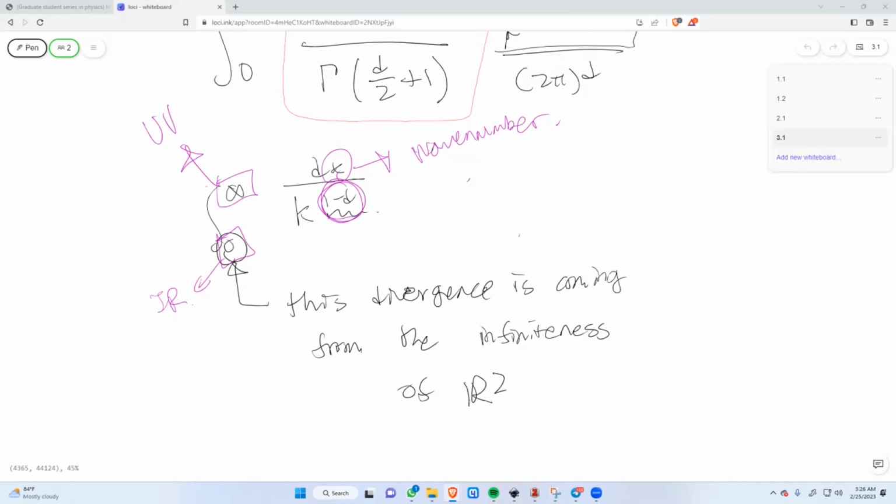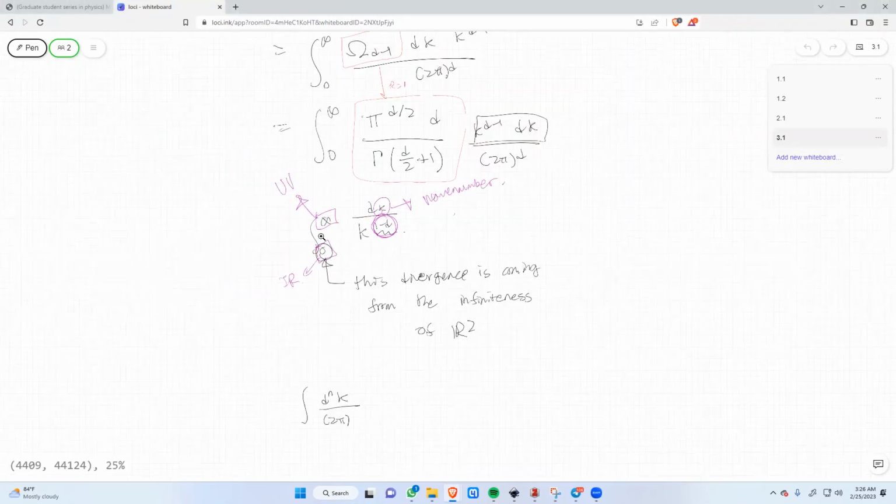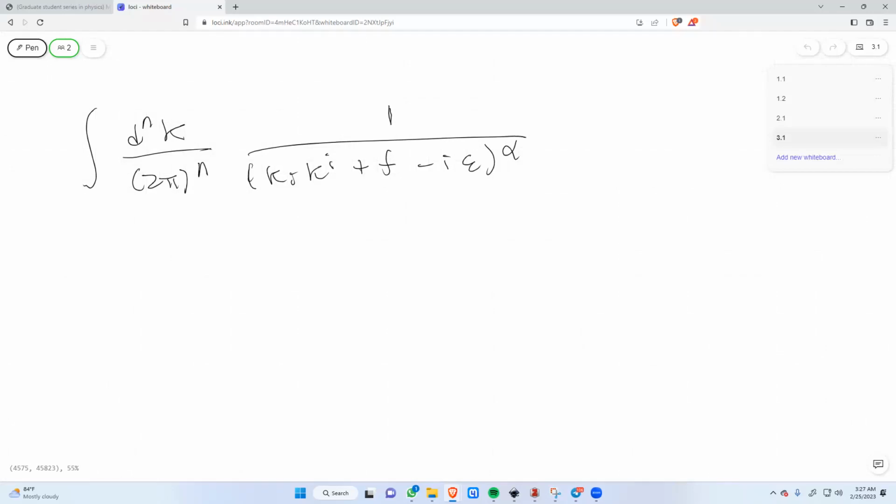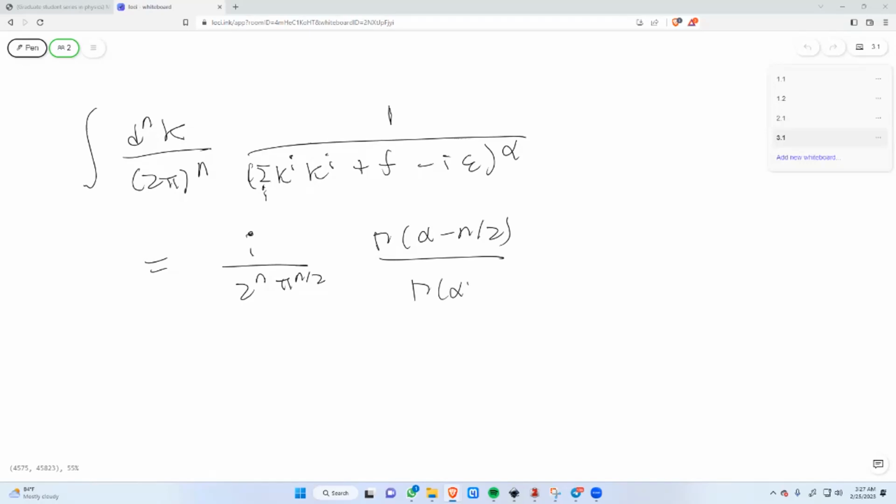The integral d^n k over (2 pi)^n of 1 over (k squared plus f minus i epsilon) to the alpha, where k squared means the usual square. The sum over k squared plus f minus i epsilon to the alpha is equal to i over (4 pi) to the n over 2, gamma of alpha minus n over 2 over gamma of alpha, f to the n over 2 minus alpha.